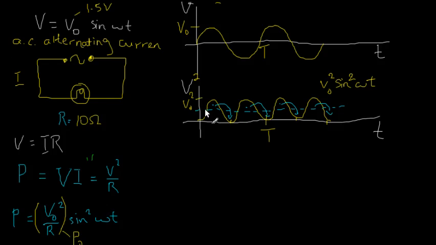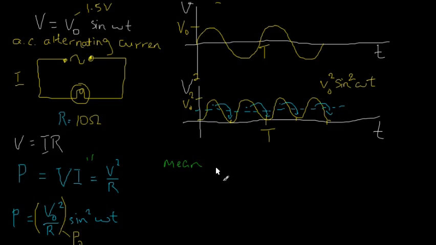Right, using the same reasoning as in the last video, we can conclude that the average of V squared is just half of V0 squared. So let me write out this result. I would say that the mean. Now I'm going to use the word mean instead of the word average, for a reason that will become clear afterwards.